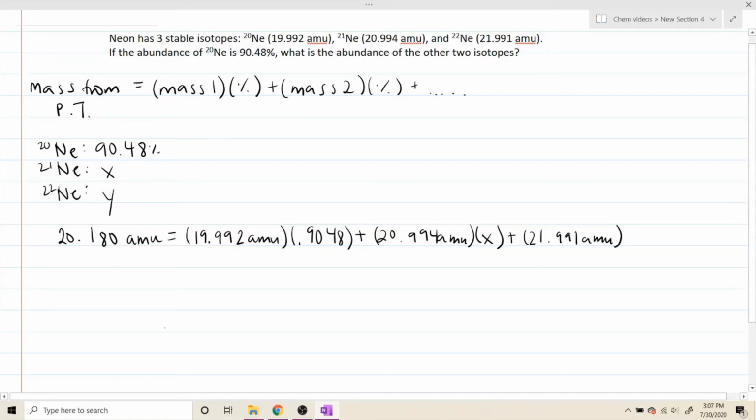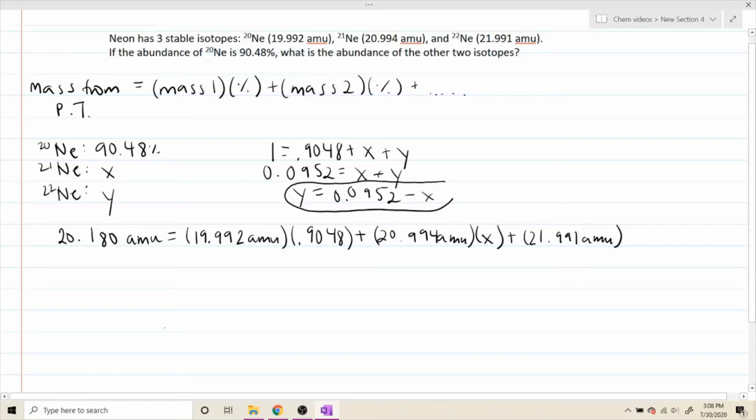We know that all 3 of these percents have to add up to 1. So you can set 1 equal to 0.9048 plus X plus Y. If you subtract this over to the other side, you get 0.0952 equals X plus Y. Then solving for Y in terms of X, you get Y equals 0.0952 minus X. Now we have a little formula for Y in terms of X that we can plug in over here.